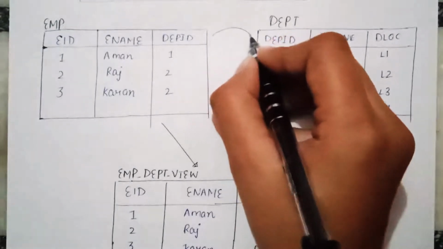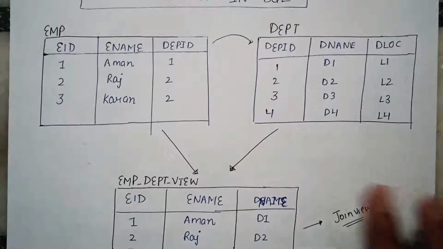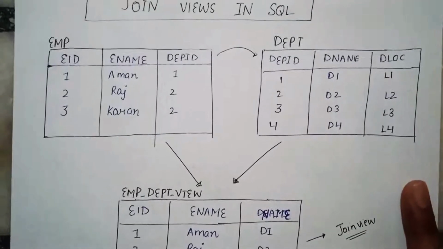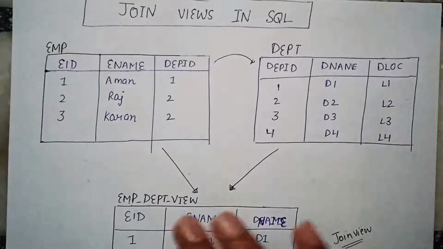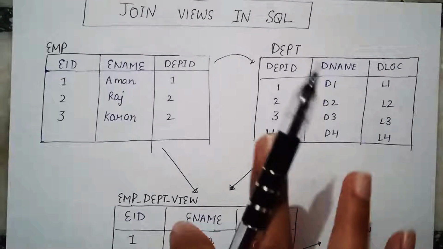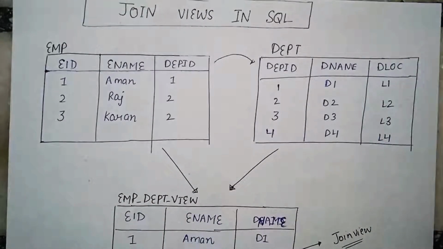These two columns are identical, and on the basis of these two columns we are joining these two tables. So whatever tables we use while creating the join view must contain at least one common column. This is the first condition.